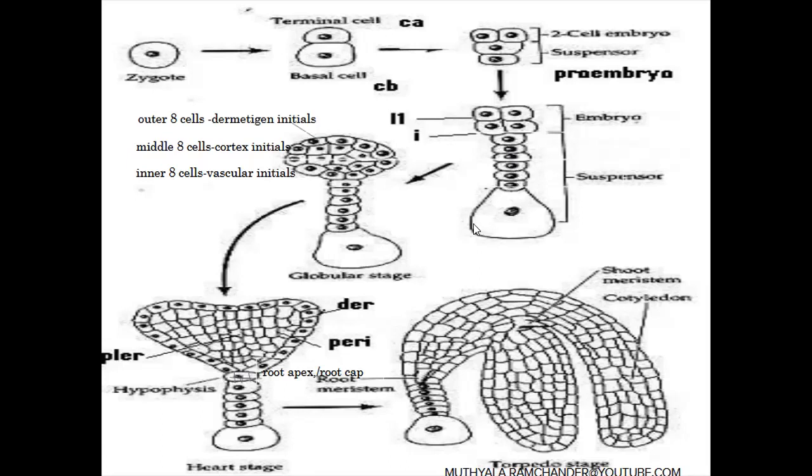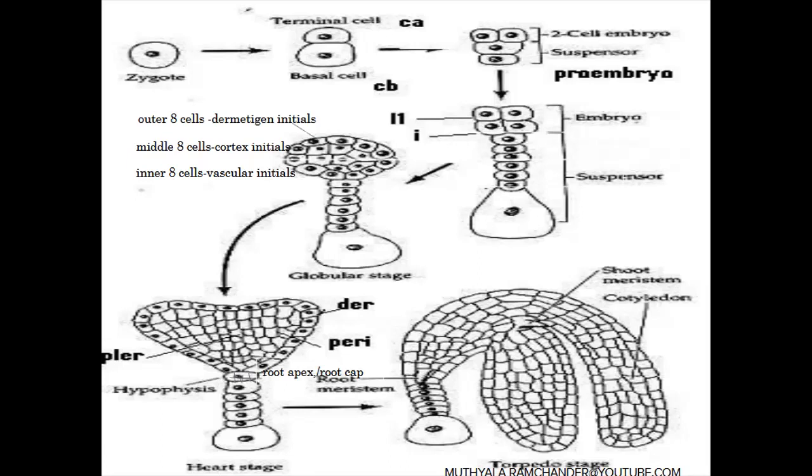See, from these cells, one cell is large in size. The large cell acts as the suspensor cell. Mainly at the mature stage of the embryo, or during the development of the embryo, the large suspensor cell acts as a haustorium. The haustorium's main function is collecting food material from the endosperm.